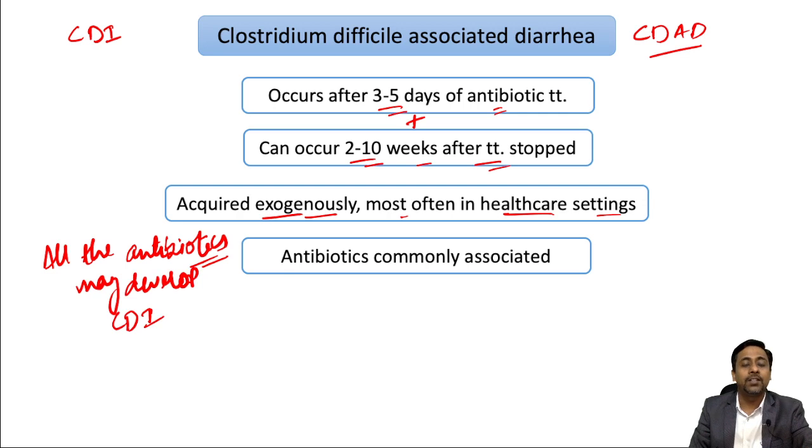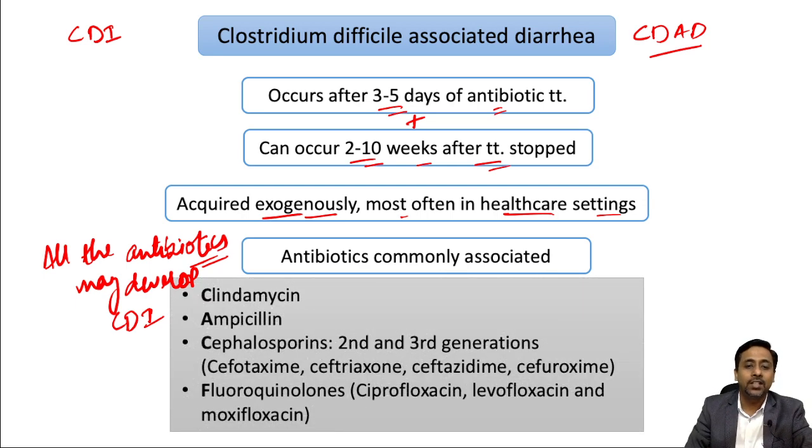Even vancomycin, the antibiotic used for treatment of this condition, may cause CDI. But certain antibiotics are commonly associated: clindamycin, ampicillin, second and third generation cephalosporins, which include cefotaxime, ceftriaxone, ceftazidime, and cefuroxime, and fluoroquinolones. The fluoroquinolones have been found to be associated only recently, and they include ciprofloxacin, levofloxacin, and moxifloxacin.